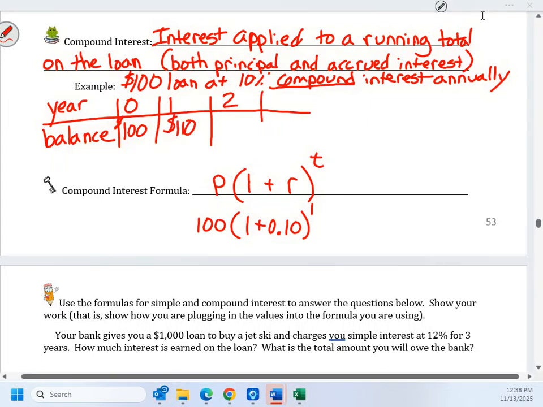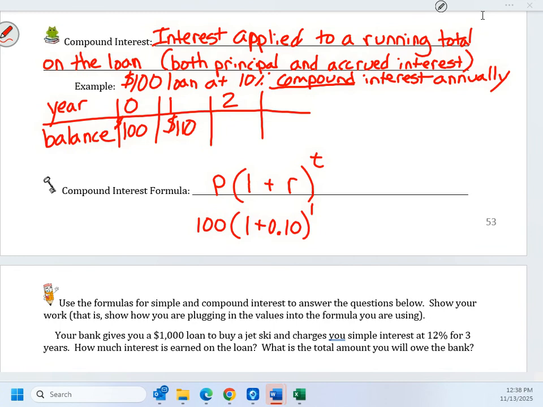Now at the 2-year mark, we were at 120. What are you at the 2-year mark for the compound interest? Joe? 121. What about at the 3-year?